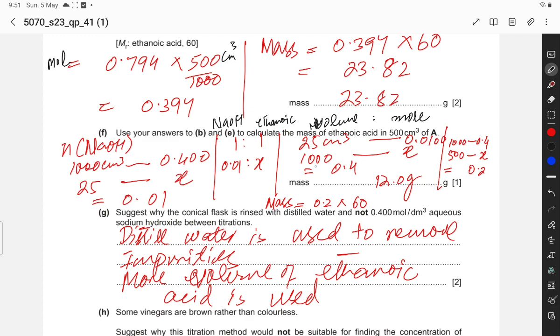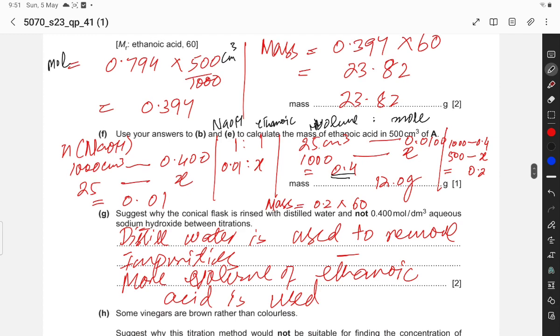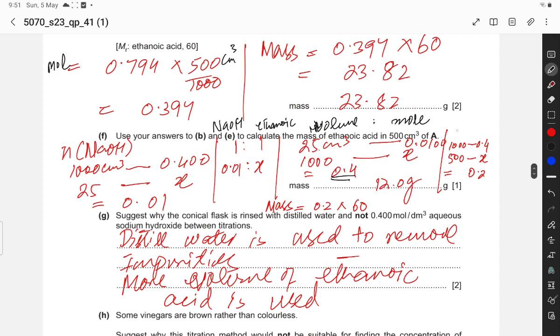So what would be the moles in 1000 cm³? So this is x, and the answer is 0.4. This mole amount is in 25 cm³. Now calculate in 500 cm³. For 1000 cm³, this is again volume and moles.